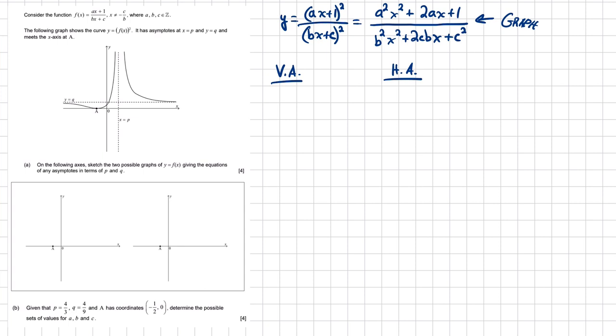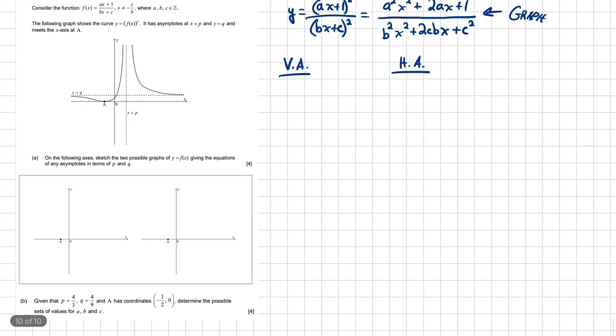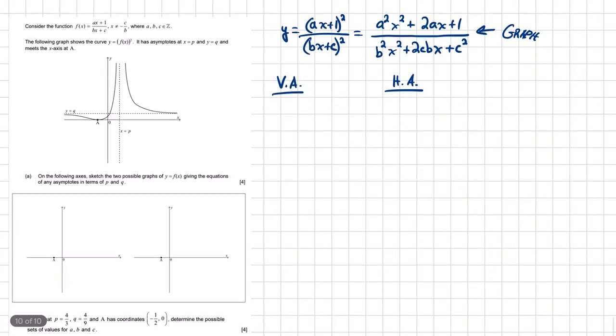All right, so taking a look at the vertical asymptotes for my graph, f of x squared, we're going to set our denominator, (bx + c) quantity squared, equal to 0, right? Well, that's true only when bx + c is equal to 0. So here x is equal to negative c over b.